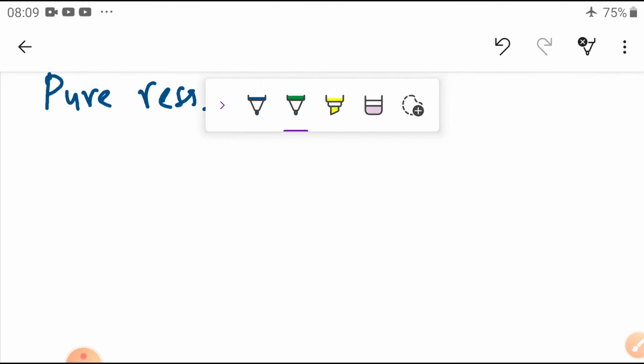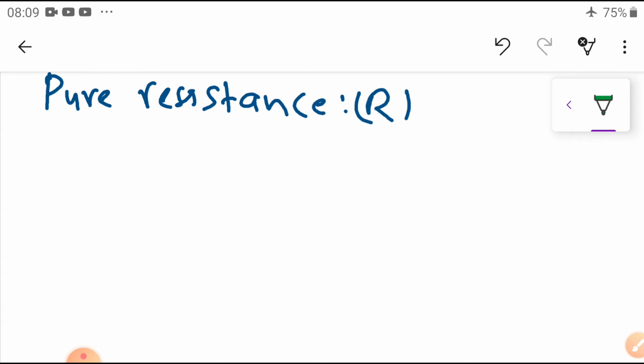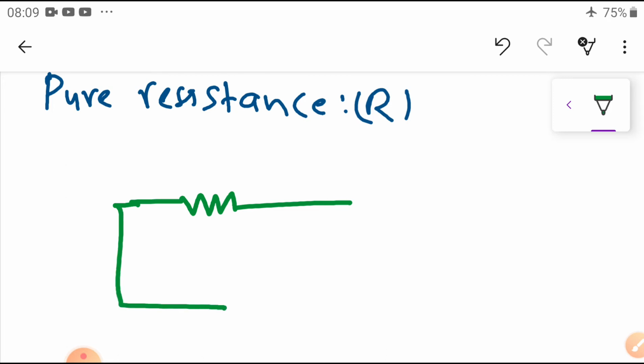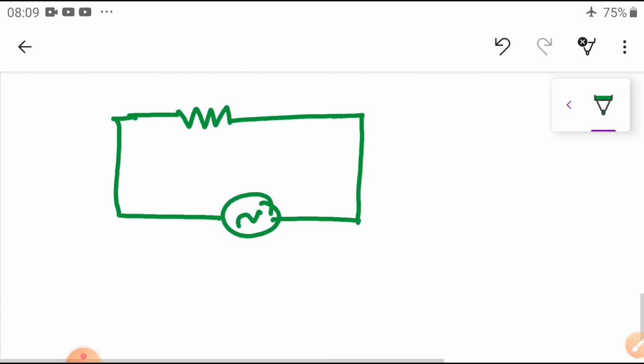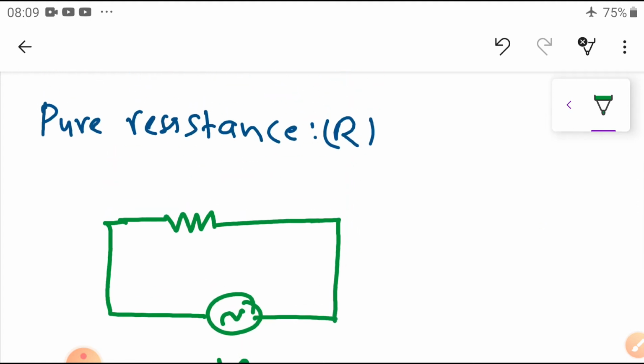Here I connected this resistance through our AC supply. Then here I connected my instantaneous values of voltage, and this is equal to R, this is equal to I.